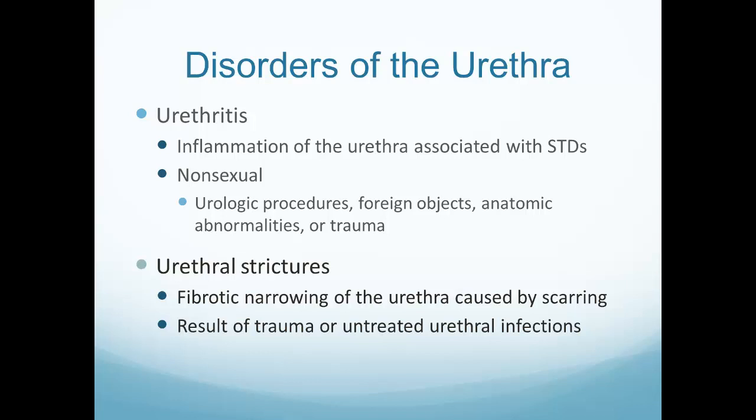A fibrotic narrowing of the urethra that's caused by scarring, so maybe the person has had multiple catheterizations, had multiple irritations and inflammations of the urethra, which resulted in scarring. Could be the result of trauma, or could be the result of an untreated infection that we're starting to get strictures, and that's going to limit the amount of urine flow. So urine's going to back up into the kidney, and that backup could possibly cause post-renal type renal failure.